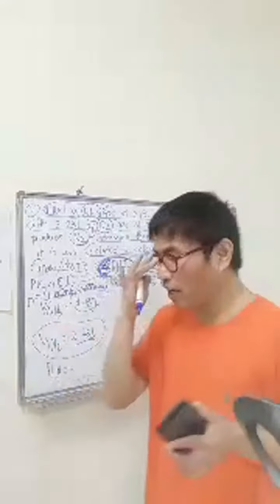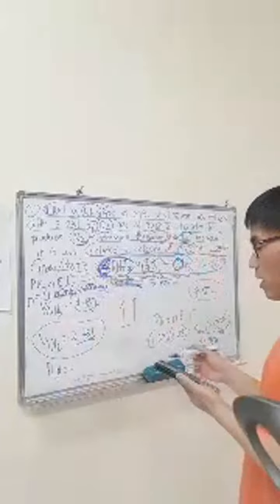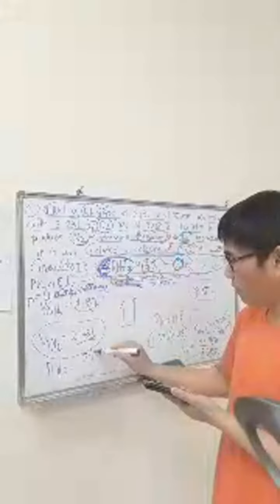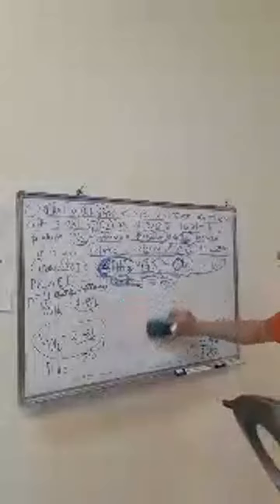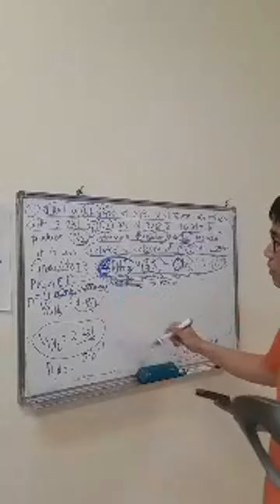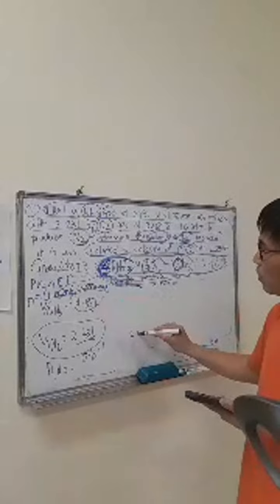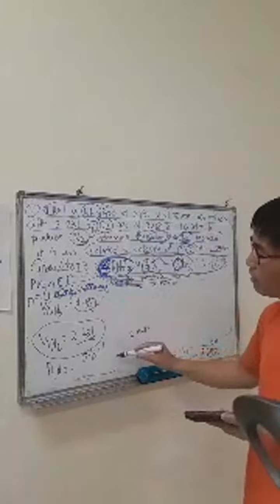The number of moles is 0.151. Now we have the final number of moles of nitrogen gas, which is 2 moles.